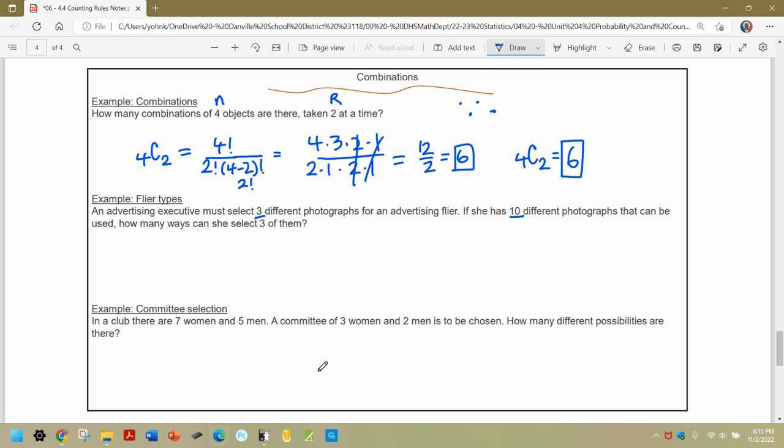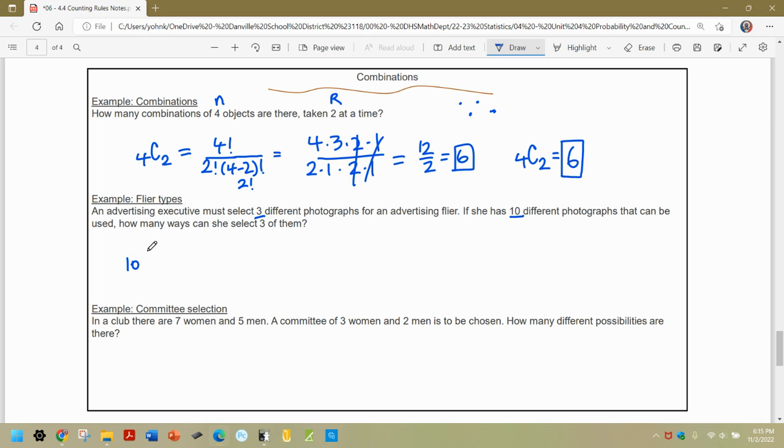I'm just going to put the 3 in somewhere. If I was putting those 3 in a particular order, then I would be using a permutation. But since I'm not worried about the order, that makes it a combination.